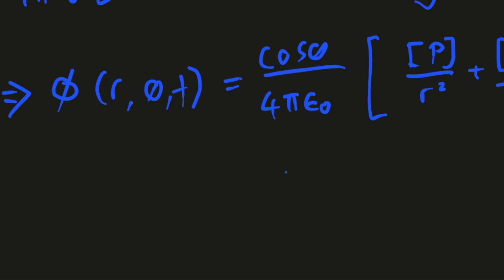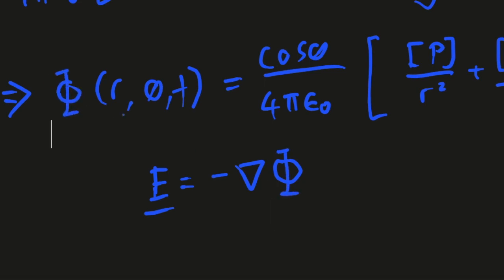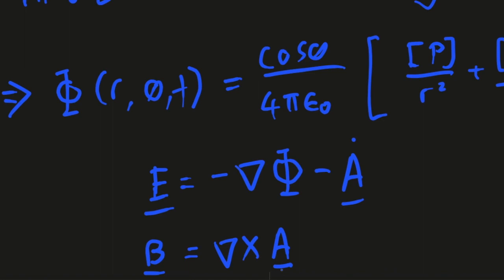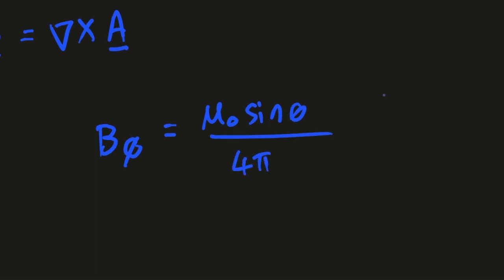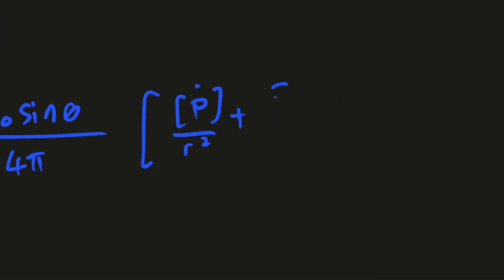Now, say we want the electric field. We know it's got the form negative del phi. Oh, actually, let me just use phi to prevent confusion, minus dA/dt, and the magnetic field is the curl of the vector potential. If you do the math again, you can get that the only non-zero components for these fields look like this: B phi is sine theta over 4 pi epsilon naught c squared times p dot over r squared plus p double dot over rc.